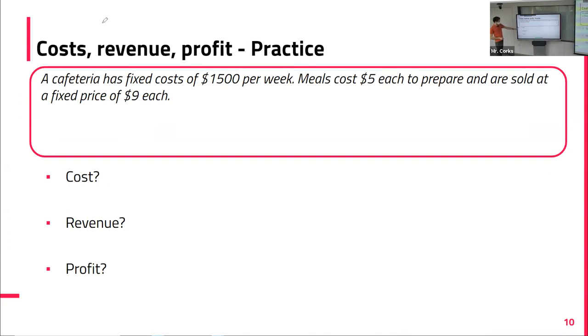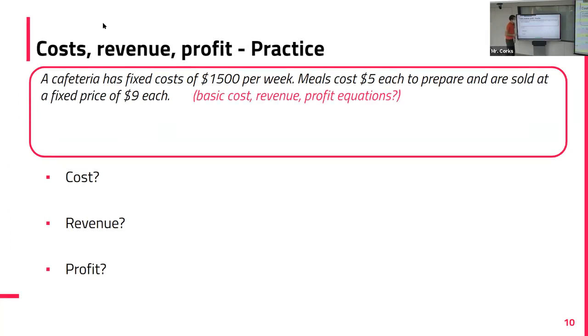So cost, revenue, and profit equations for this scenario. Take a moment to see if you remember what the basic forms of these formulas are. Try to do it without looking at your notes. That's how we practice learning the stuff. So basic versions of the formulas, and then with these numbers put in. So take a moment now.